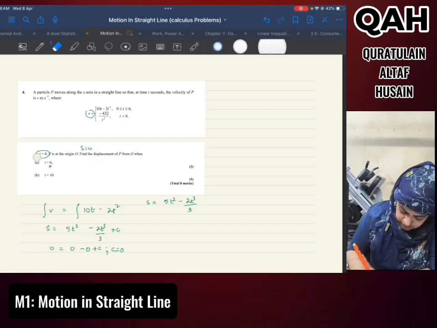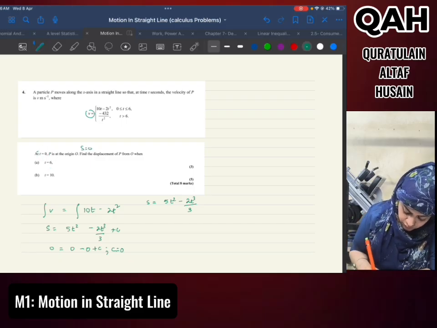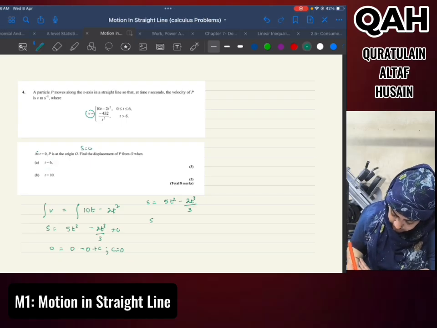That is not the answer yet. We want to put t is equal to 6 in it now. So s is equal to 5 multiplied by 36 minus 2 multiplied by 216 upon 3.